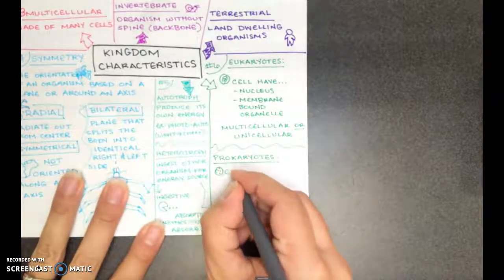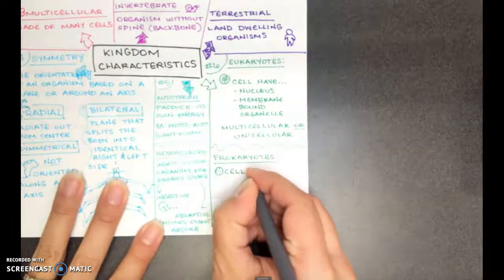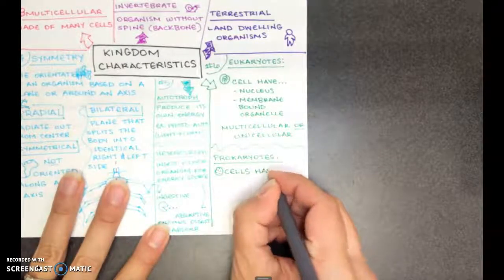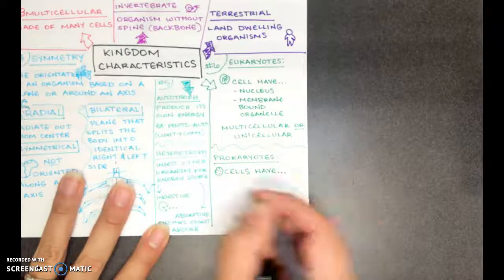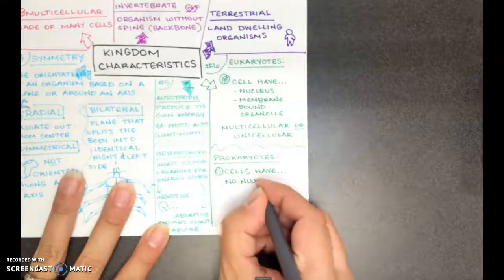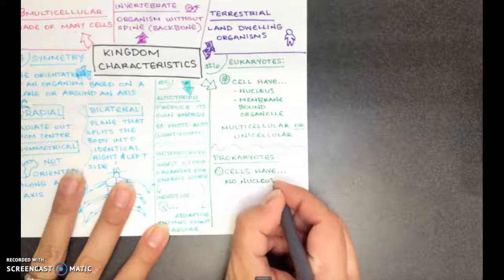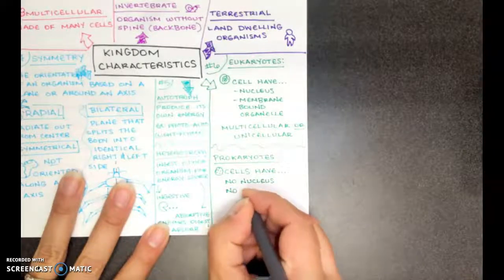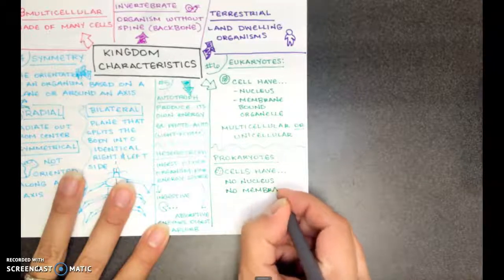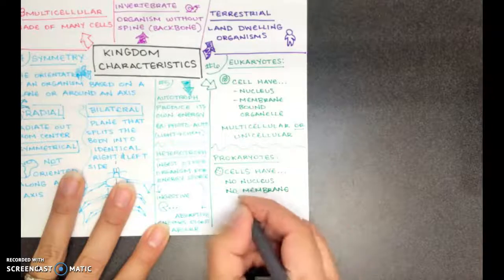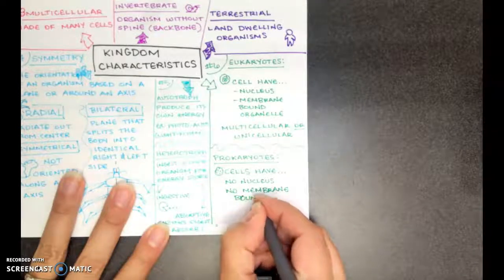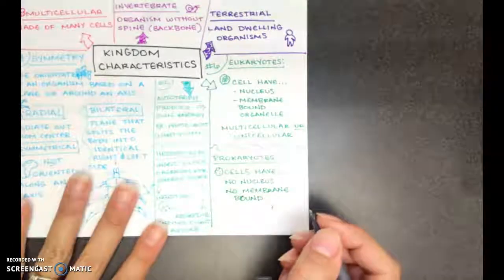And these cells have essentially just the opposite. No nucleus. No membrane-bound organelles. And we're actually really going to revisit that idea later when we talk about energy again.